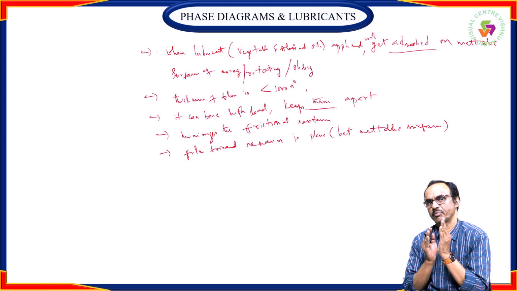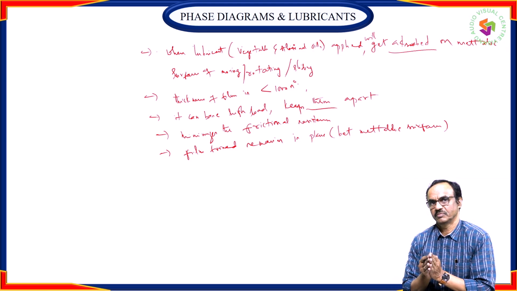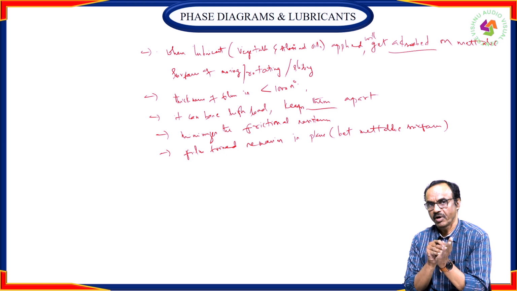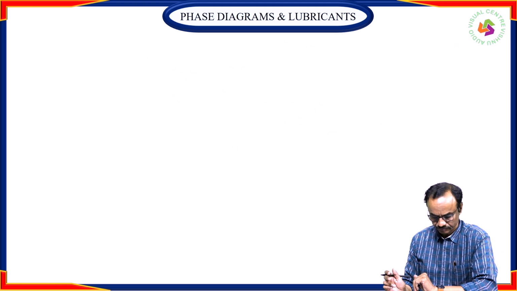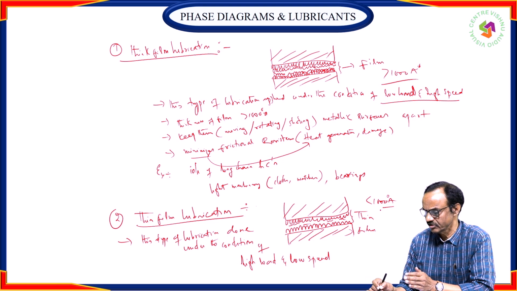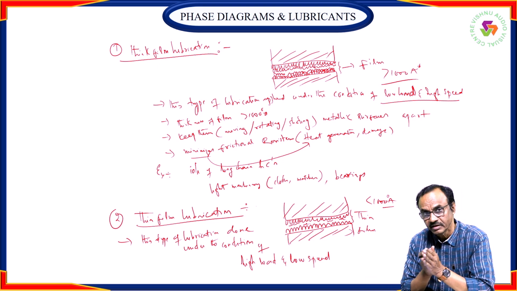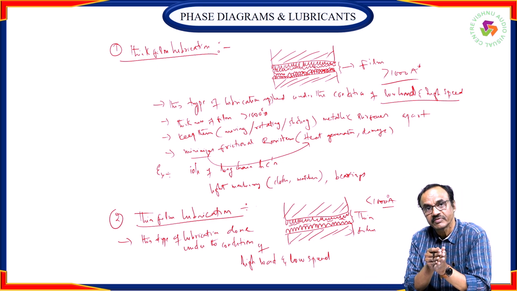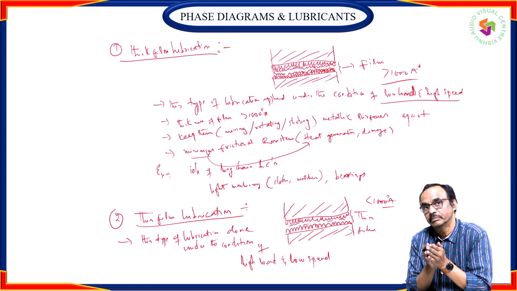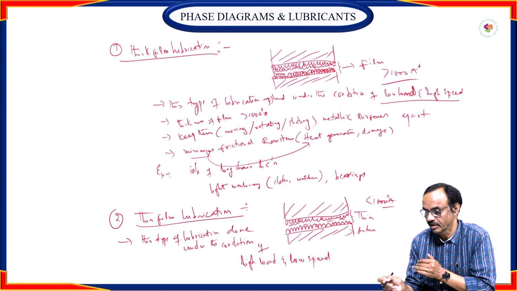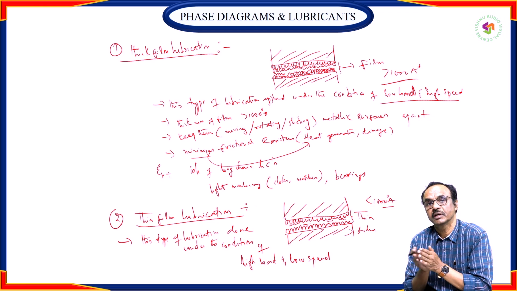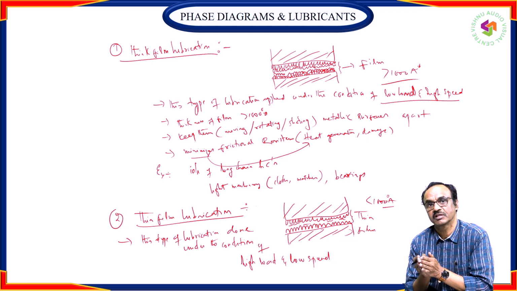In this, some points are different from the first film. When introduced between moving, rotating, sliding surfaces, thickness of film is less than 1000 angstroms, and this lubricant gets adsorbed on moving, rotating surfaces so that it can bear high load. So conditions are high load, and without causing any damage to the metallic surface, and it minimizes the frictional resistance also.